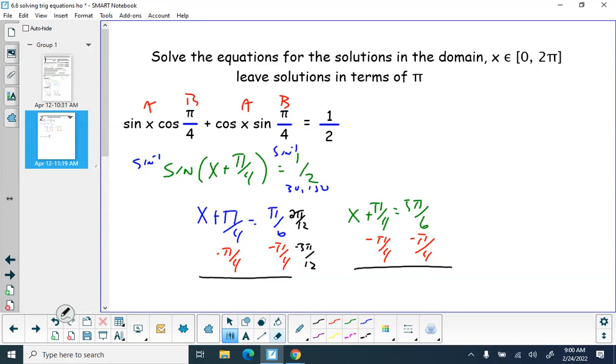My common denominator is the same over here, so we have 10 pi over 12 minus 3 pi over 12. So it gives you some room to work on the right-hand side.